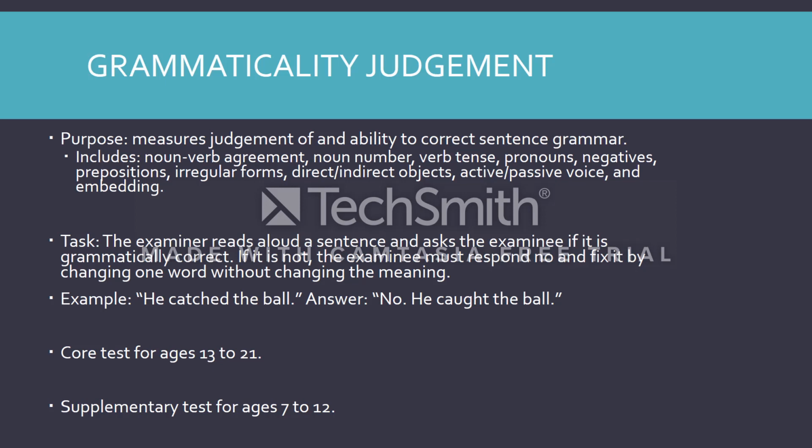If it is not correct, the examinee must respond no and fix it by changing one word without changing the meaning. So for example, the examiner would say, he catched the ball, and the examinee would respond, no, he caught the ball. Grammaticality judgment is a core test for ages 13 to 21 and a supplementary test for ages 7 to 12.